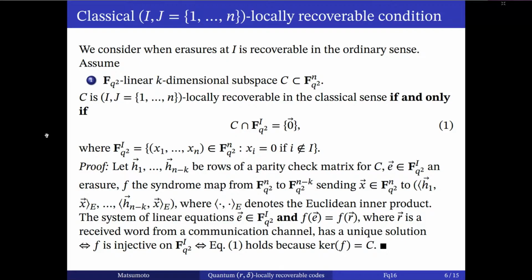And this system of linear equations should have a unique solution. And this condition is equivalent to the syndrome mapping F being injective on this set. And this is equivalent to equation 1, because the kernel of this syndrome mapping is just the linear code C itself. So this is very, very simple. And in the next page, in equation 1, the linear code C is replaced by its punctured code in order to consider local recovery.